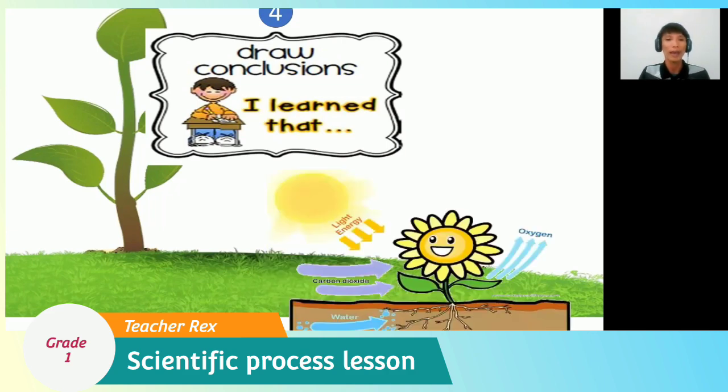Here we have the sunflower growing. It grows already, and the sunflower needs light energy. And the sunflower needs carbon dioxide. And the sunflower needs water. And the sunflower gives us oxygen.